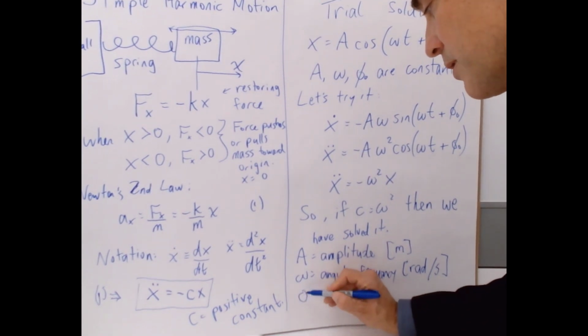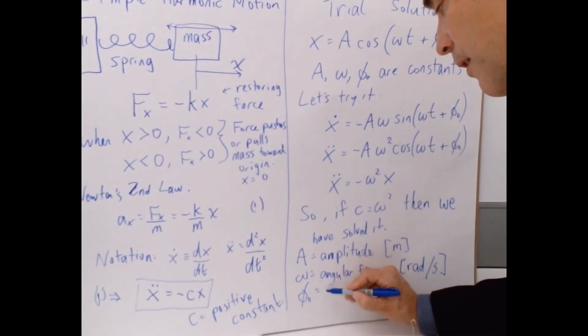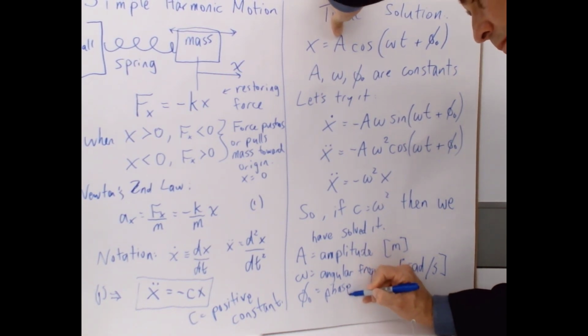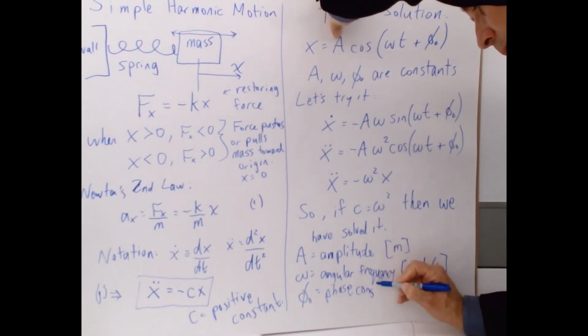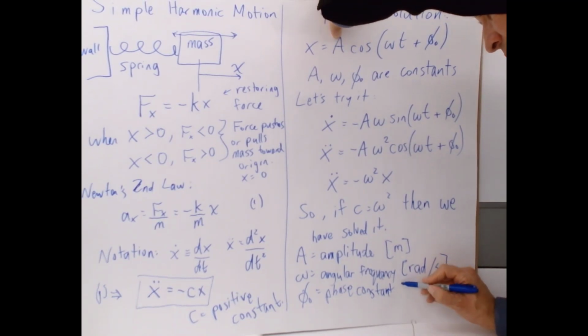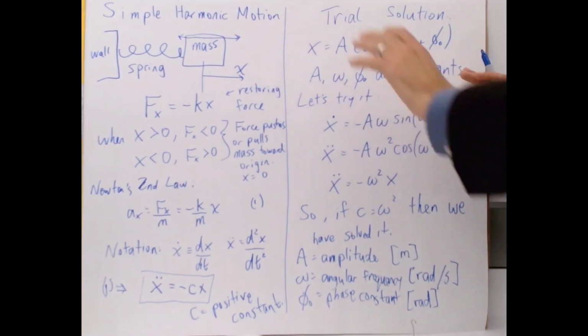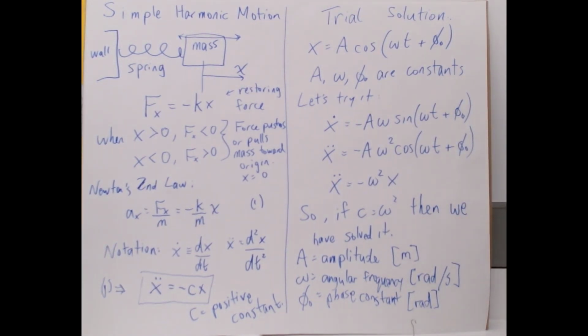And then this phi sub 0 is what's called the phase constant, and the units for the phase constant is just radians. And now you know everything there is to know about simple harmonic motion.